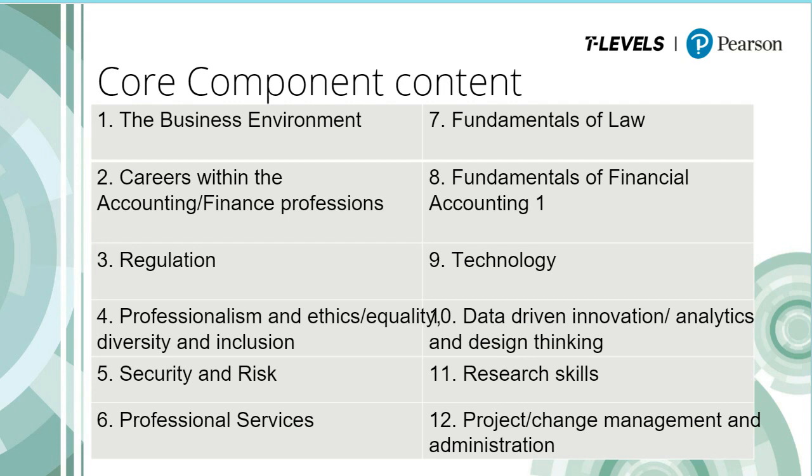So again, very much similar, but there's some additional material in the accounting T level. In element 6, professional services, again, very much the same, but internal service level agreements are added into the content area for accounting. So just make sure that you've got the accounting qualification and realise that is an additional thing.